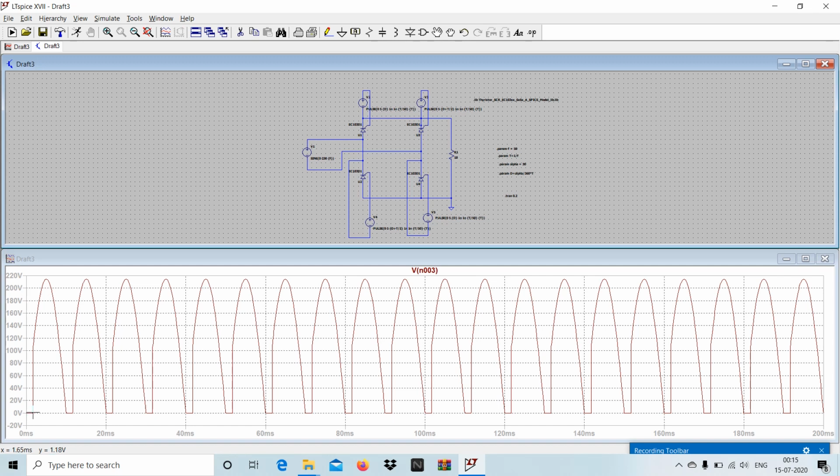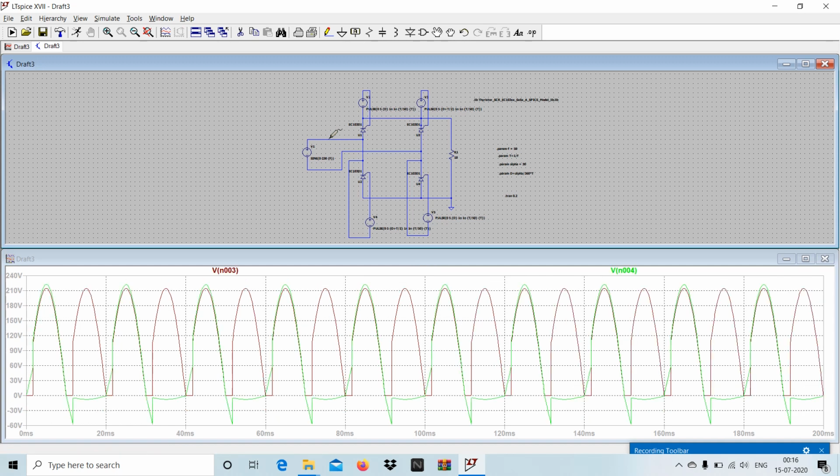Before 30 the voltage is 0. Same after 10 milliseconds, again it is 0. So alpha 30 degrees plus 180 degrees is 210. Around 210, the next negative half cycle is converted into a positive half cycle. If you want, we can compare with the input sine also.